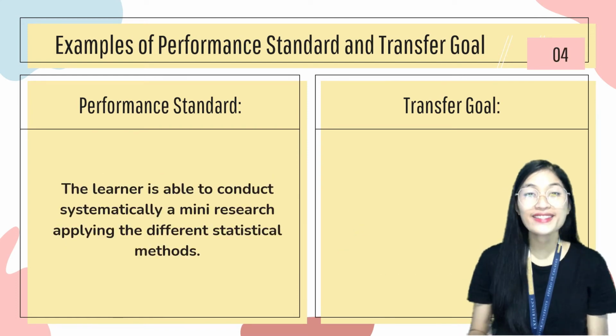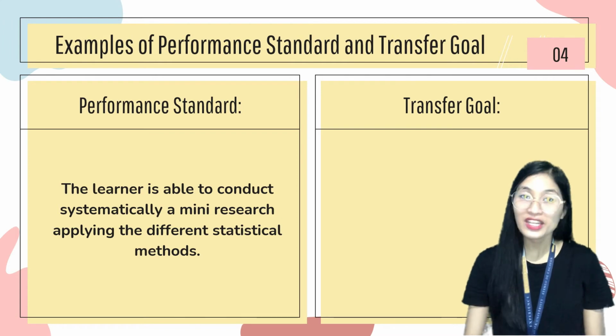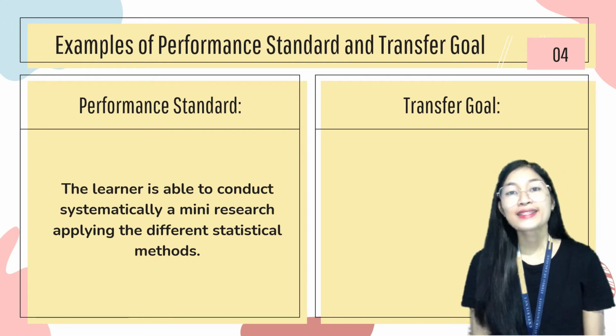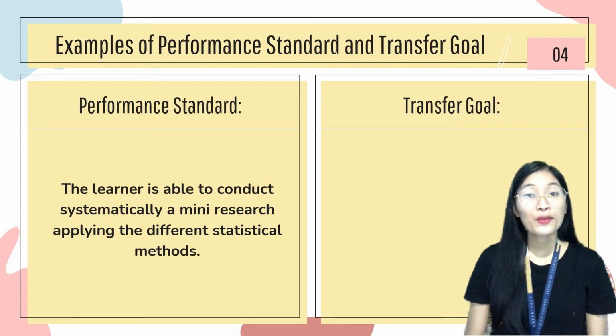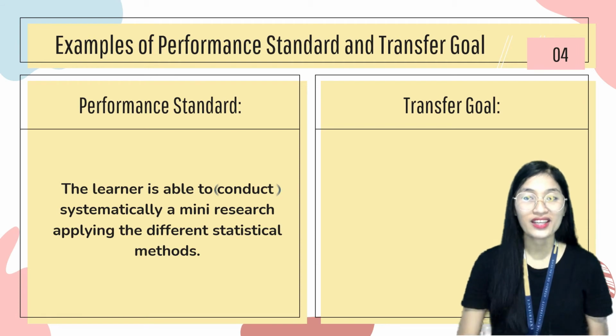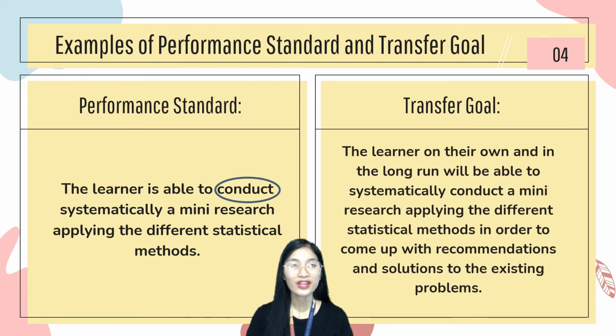So the learner is able to conduct a systematic mini research applying the different statistical methods. So in this example, we can only see one verb, and the transfer goal is: the learner on their own and in the long run will be able to systematically conduct a mini research applying the different statistical methods in order to come up with recommendations and solutions to the existing problems.